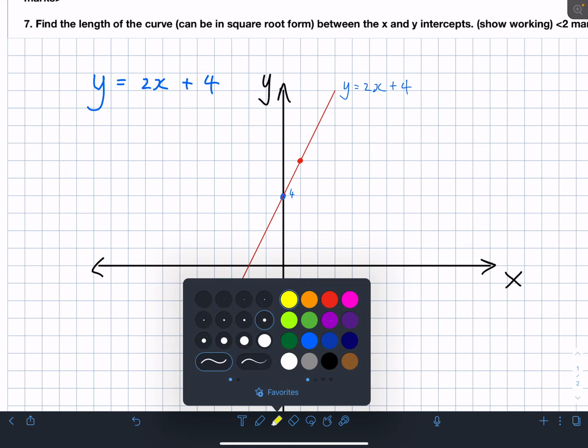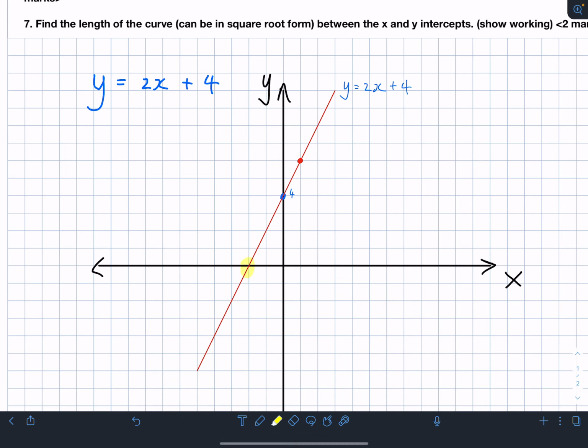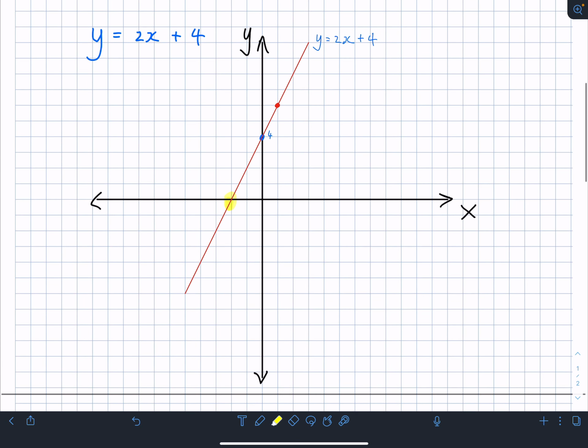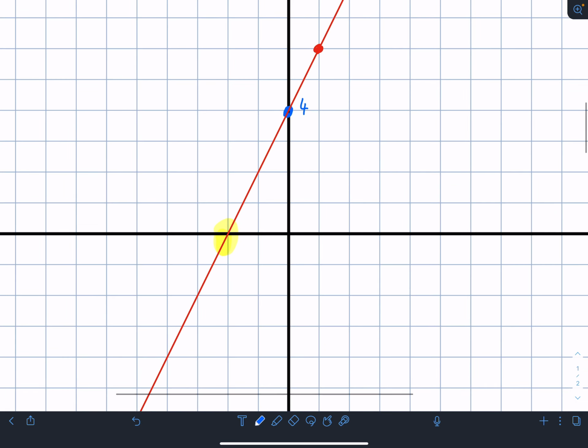Next, we want to be able to find what our x-intercept is. So I've highlighted that one yellow there for our x-intercept. To find our x-intercept, we need to have a look here. We're just going to go y equals 1, y equals 2, y equals 3, y equals -1, -2, -3, and so on.